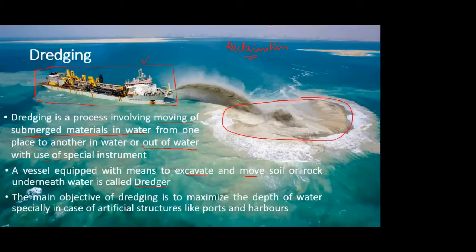So after a few years, the capacity of that reservoir goes on decreasing, because below some depth the water has been replaced by the solid material which has been deposited. So in dams also, you require a regular dredging operation so that the sediment is removed, and then you get to utilize the full capacity of your reservoir.